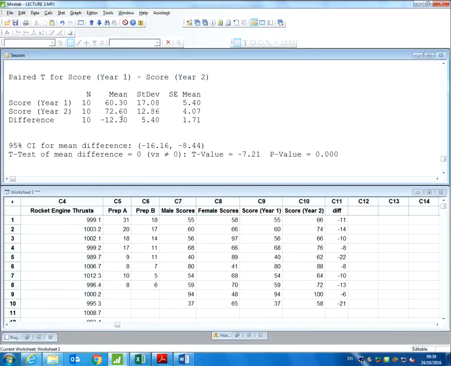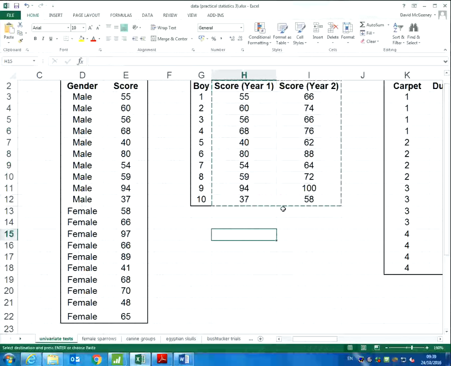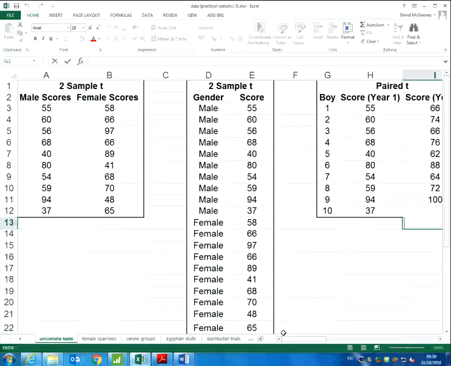Now, I'll ask you this question and see if anyone can give me the right answer. Would you all agree that the data in columns D and E is the same as the data in columns A and B? It's just stored in a different way. Can you all see that?